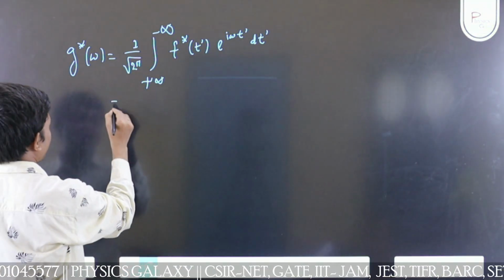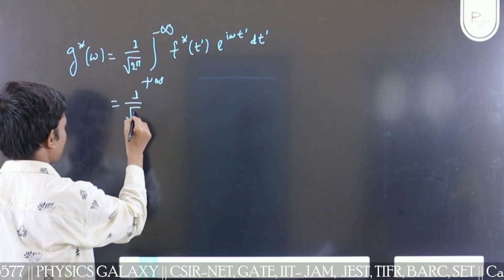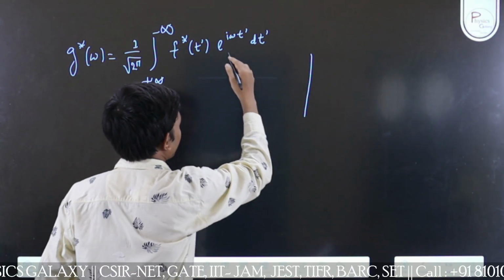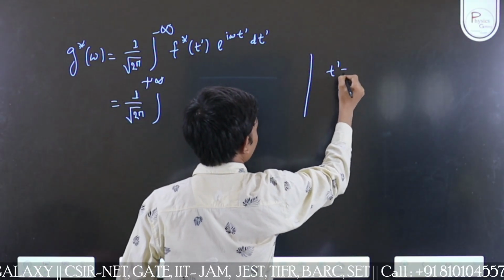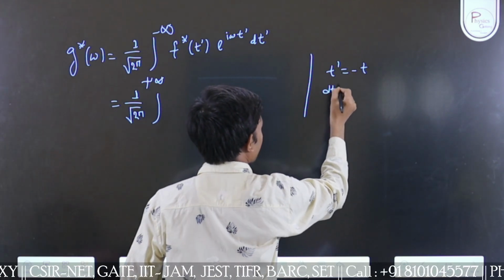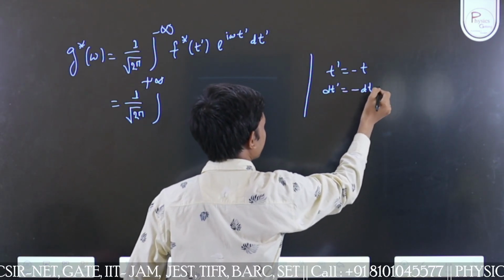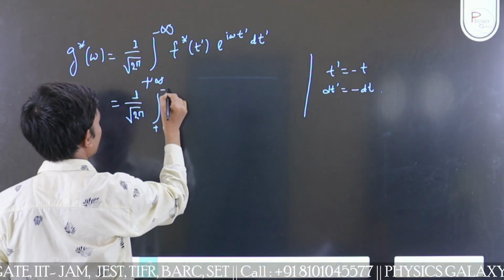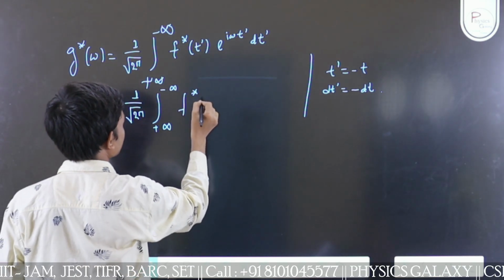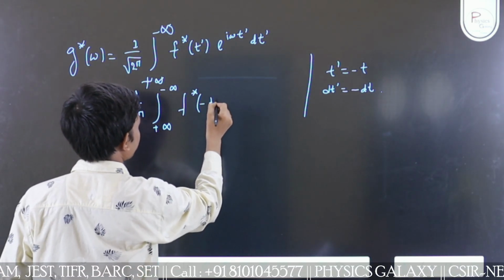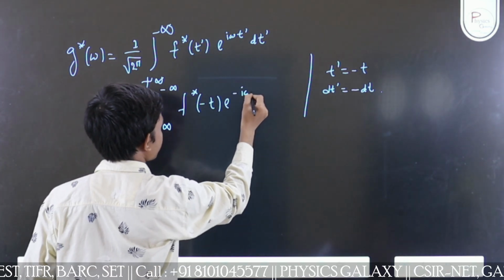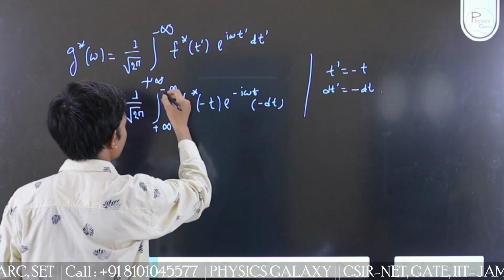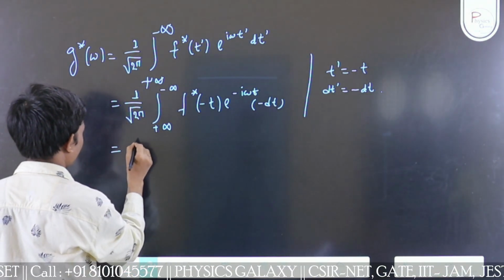I get it, and 1 by root 2 pi. Here I prove that minus t and dt prime will be minus dt. This minus term will change the limit formation.